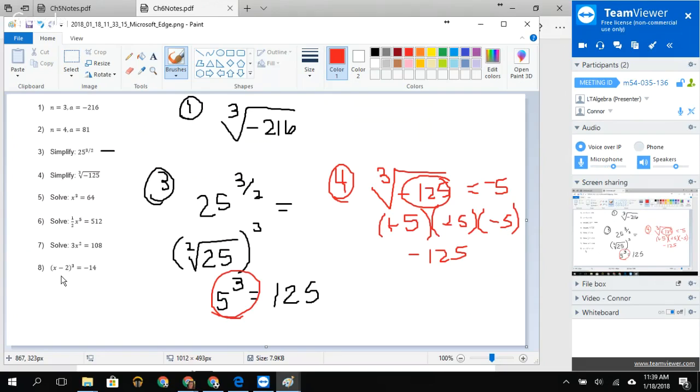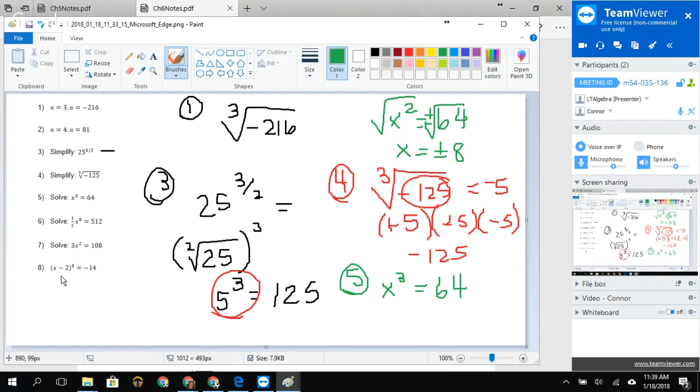And then a little bit more fancy, but still not anything too crazy. If you get to example number 5, we have x cubed equals 64, and we want to solve that. Before, if we had x squared equals 64, we would just take the square root of both sides, and then it's plus or minus, so x could be plus or minus 8.